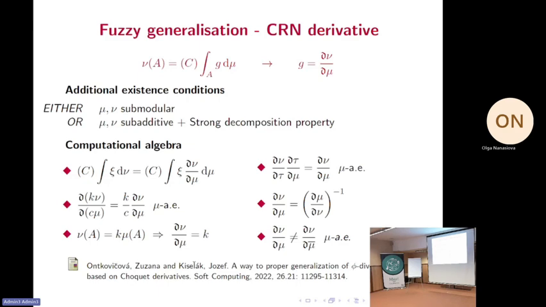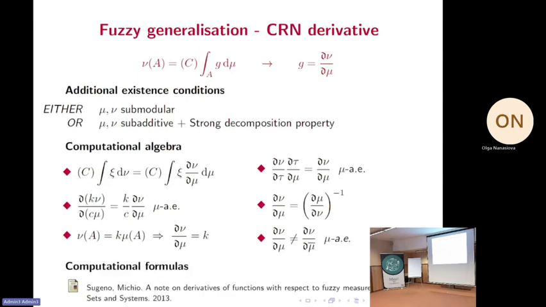Okay, and for some computations, it would be great to have some kind of formulas for computing not only the integral itself, but also the derivatives. And the biggest work was done by Professor Sugeno here. However, he had a very restrictive setup, so he only assumed the real line as the sample space, intervals beginning with 0, and only Lebesgue measures.